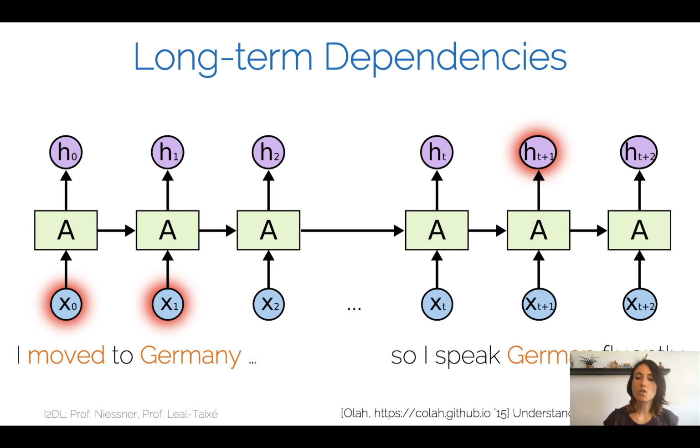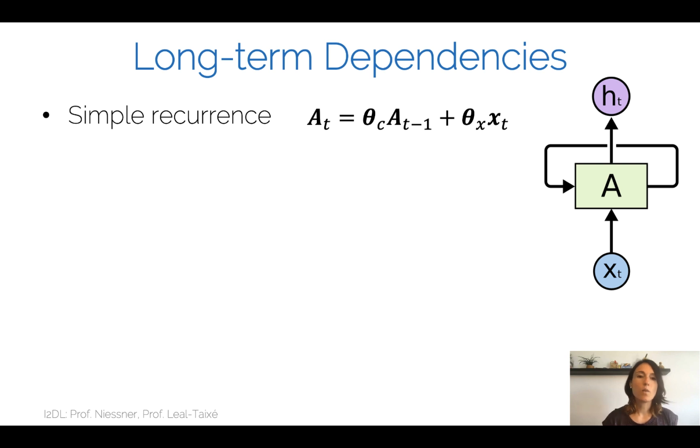This is extremely challenging. So let's see why. Let's look at again at our simpler recurrence. We have the output of the hidden state AT, which is predicted from the previous hidden state AT-1 and the current input XT. And we have the set of weights for our neural network theta C and theta X.